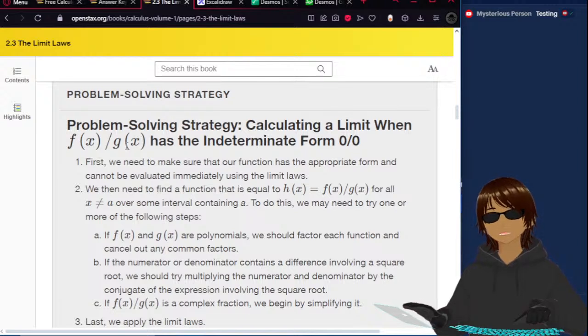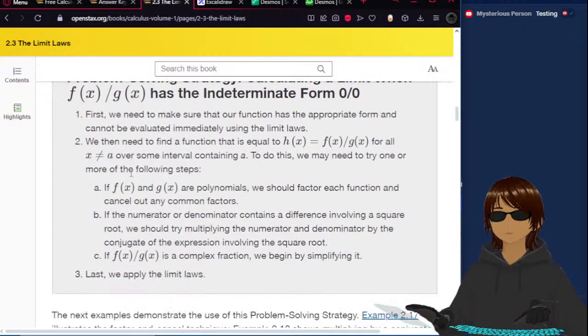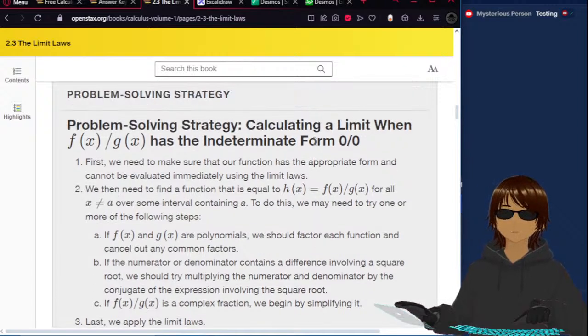Calculating a limit when f of x over g of x has an indeterminate form 0 over 0. First, we need to make sure that our function has the appropriate form and cannot be evaluated immediately using the limit laws. We then need to find a function h of x that is equal to f of x divided by g of x for all x not equal to a in some interval containing a.